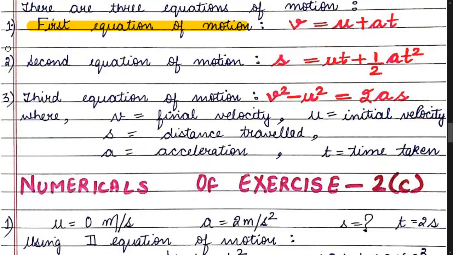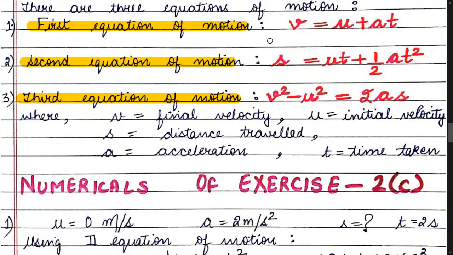Second equation of motion is S is equal to UT plus half AT square. Third equation of motion is V square minus U square is equal to 2AS.